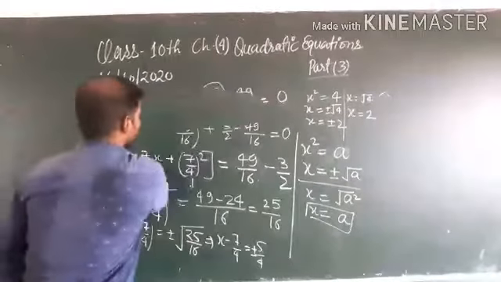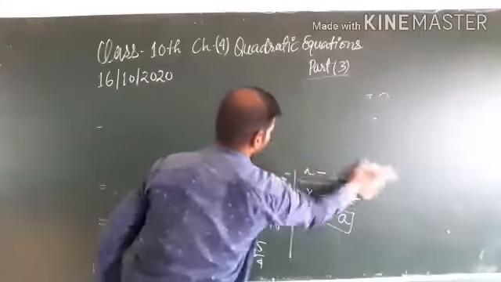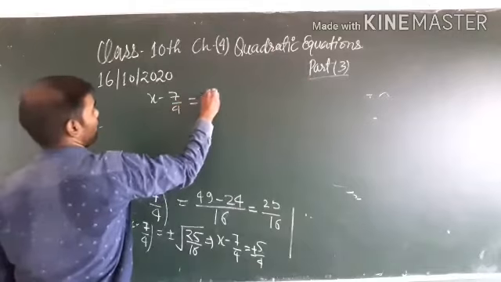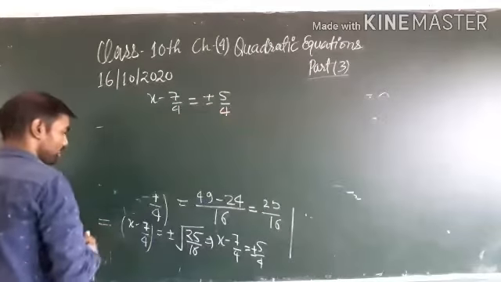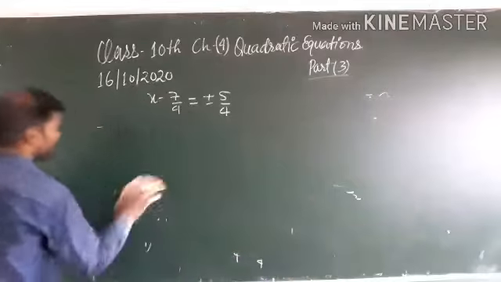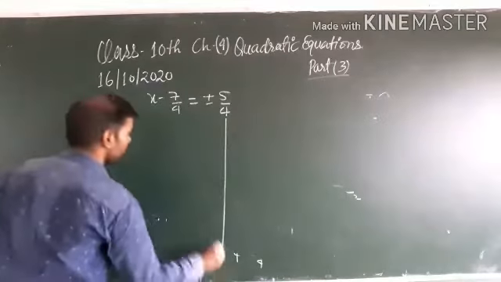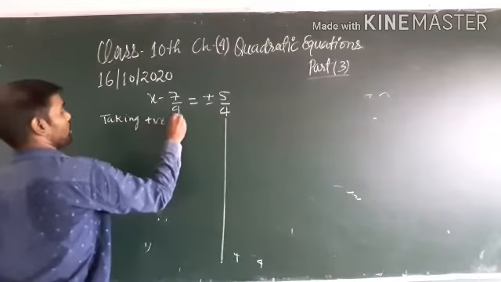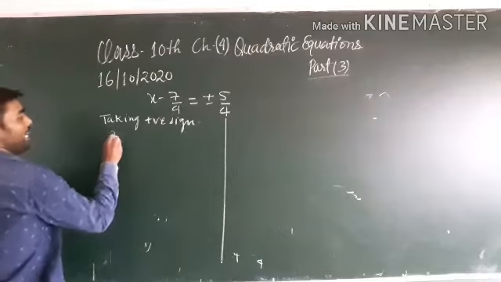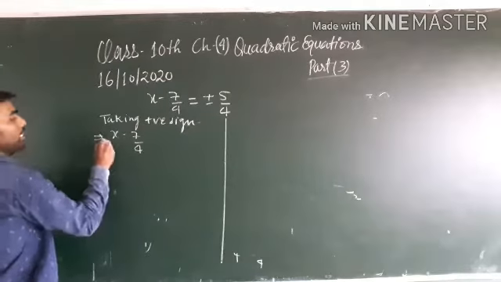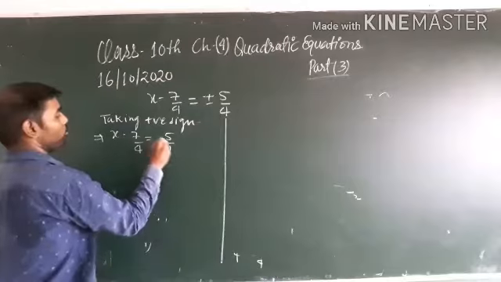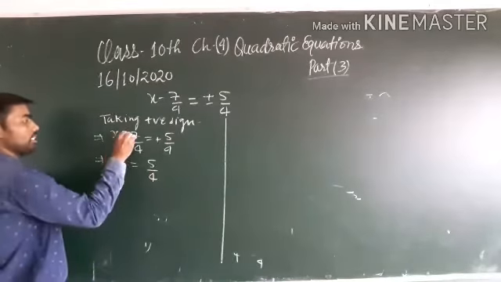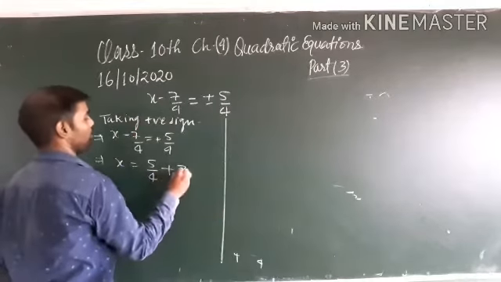Now x minus 7 by 4 is equal to plus minus 5 by 4. So first, taking the positive sign, x minus 7 by 4 is equal to plus 5 by 4, and when we solve, x is equal to 5 by 4, this is minus, and by transposition this is plus 7 by 4.